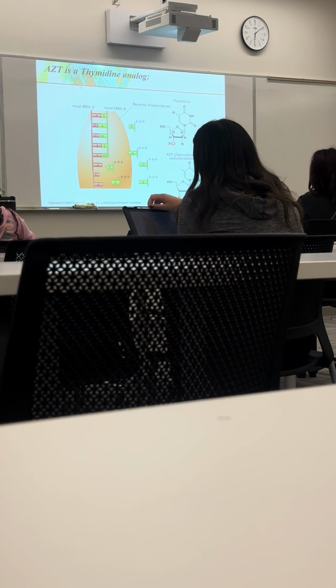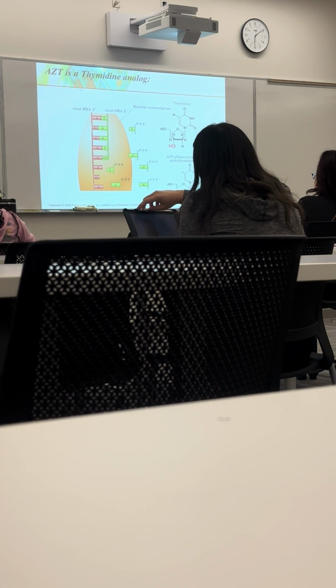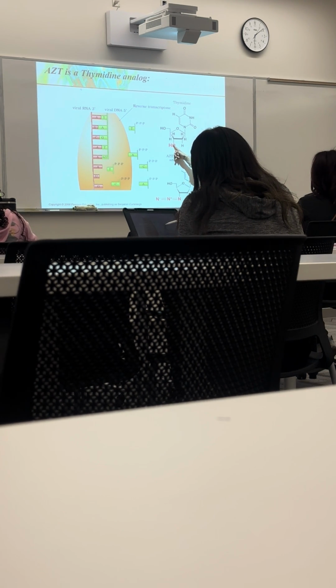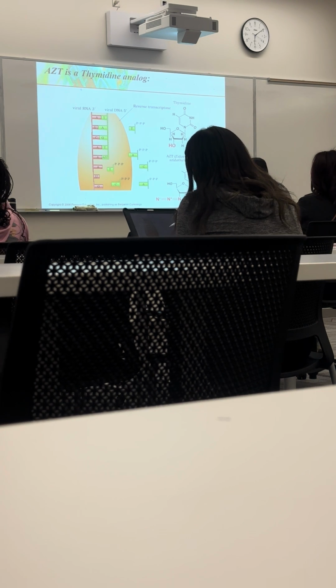When you are adding a new nucleotide, where do you add a new nucleotide? The hydroxyl group. If you don't have a hydroxyl group, can you add in a new nucleotide? No. So when we give AZT, we hope it gets incorporated where thymidine is supposed to get incorporated.